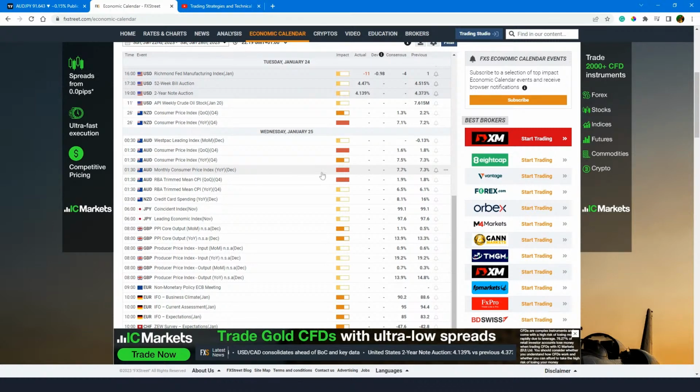And here we are on one of the main indicator that all the market is looking at, monthly consumer price index for December. It was 7.3 and it is expected to come higher at 7.5, 7.7, sorry.